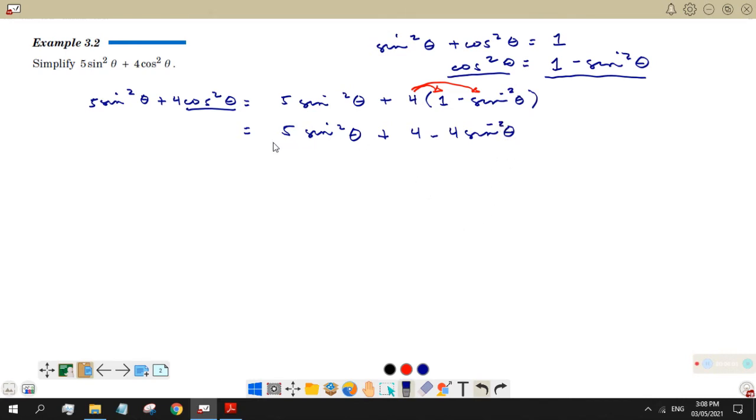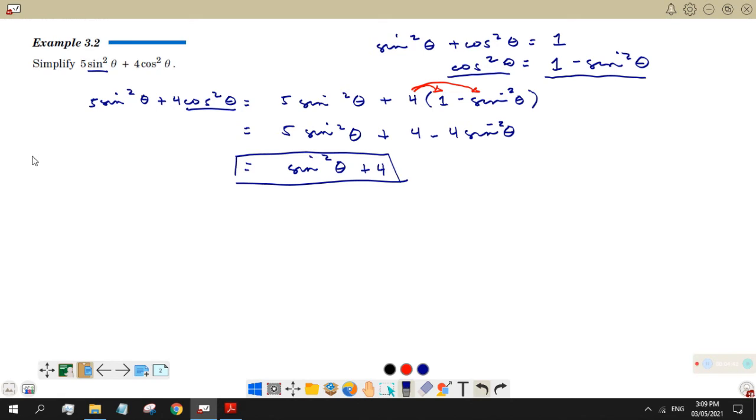Now, we have some common elements. We have common terms, itong dalawa. We have to combine them. Let's write down sine squared theta na lang because 5 minus 4 is 1, plus 4. So this is one possible answer if we want to retain the trigonometric function value of sine.